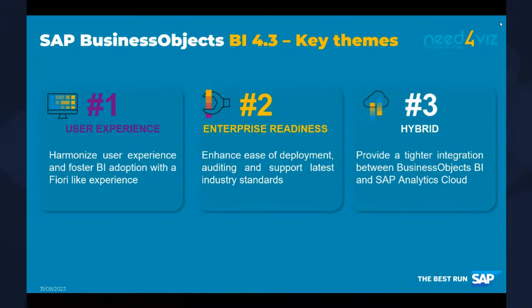Second objective was to simplify as much as we can everything we can do for the IT in terms of easiness regarding the deployment, auditing, etc. And last but not least, this is hybrid. Everything we can do to help you reuse your investment in SAP BusinessObjects, but with SAP Analytics Cloud.